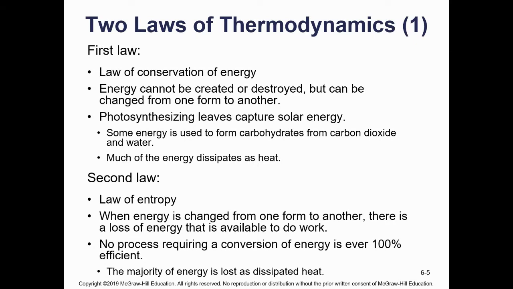So for every dollar of your electric bill spent on turning on one of those light bulbs, 90% went to generating heat. So that's what we mean by we lose it. We lose energy to heat. It dissipates really, really quickly, and it's not used to do the work we want it to do.